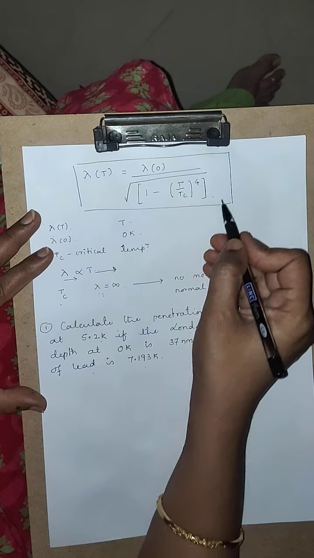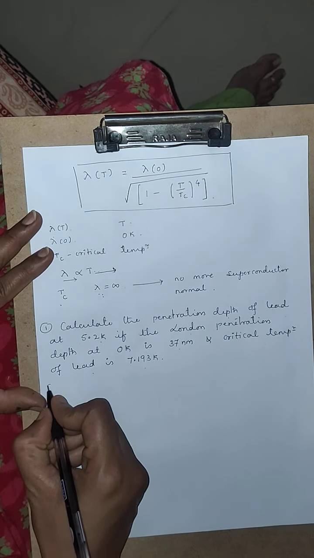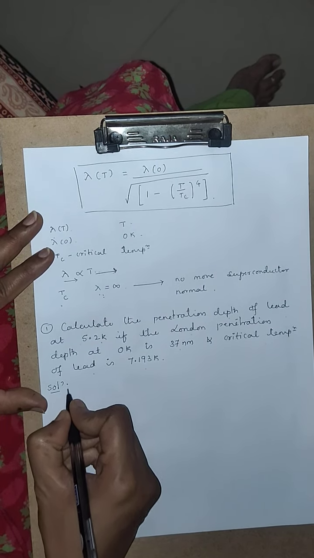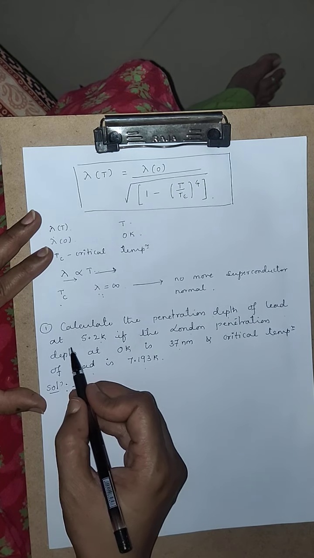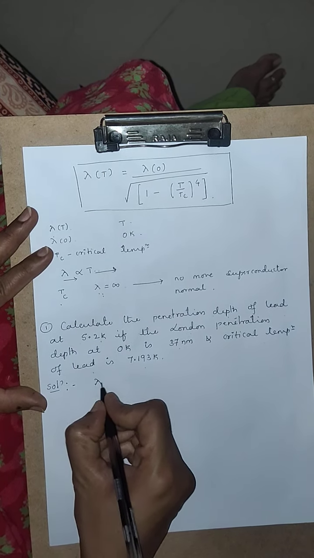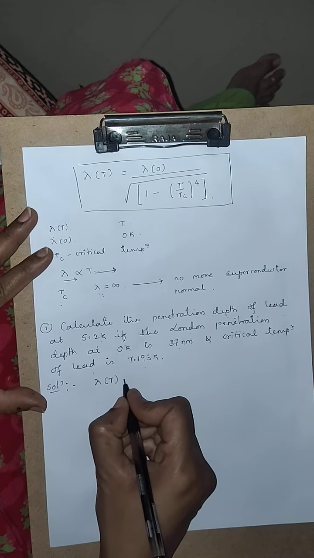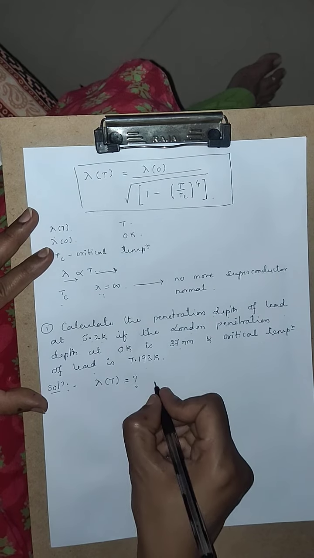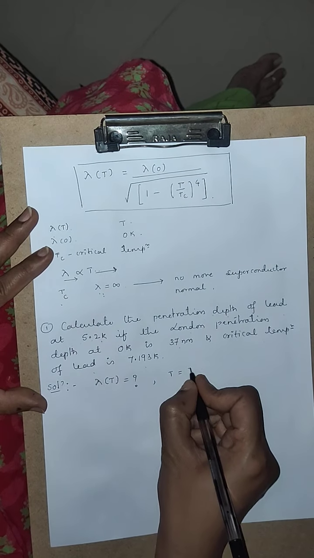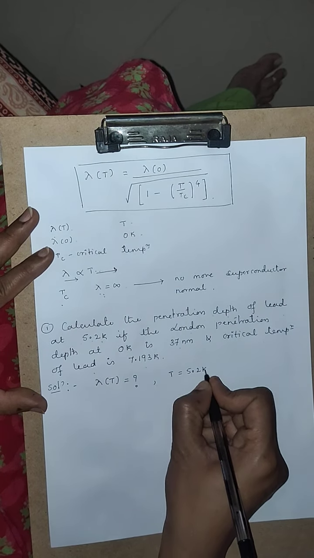According to this equation, we are going to solve the numerical. Let's look into the solution. Write down the given things first. Calculate the penetration depth of the lead. That means we need to find lambda at a temperature T. At what temperature? We need to find it at a temperature of 5.2 Kelvin.